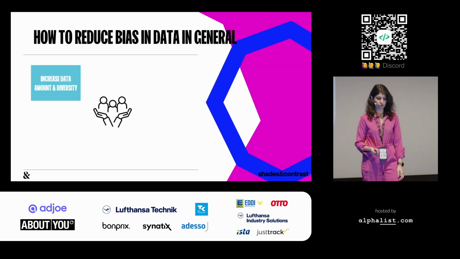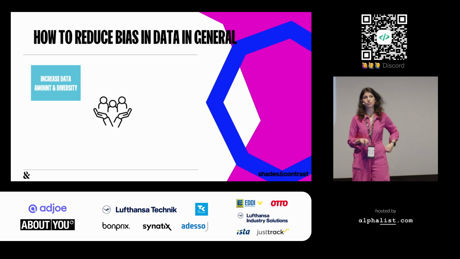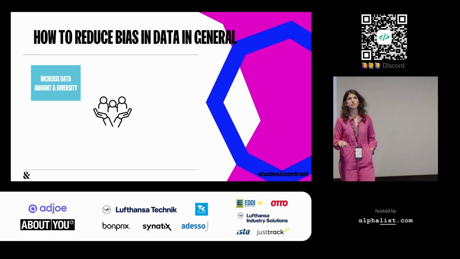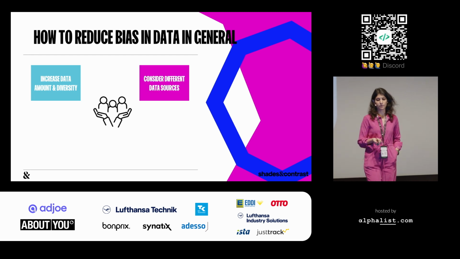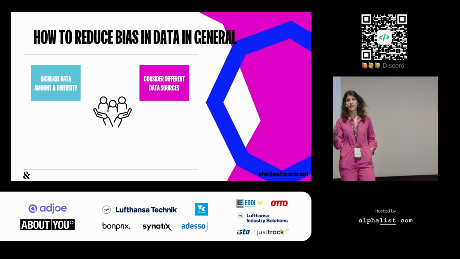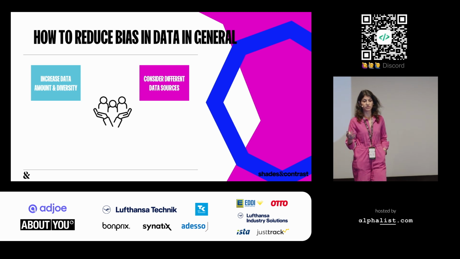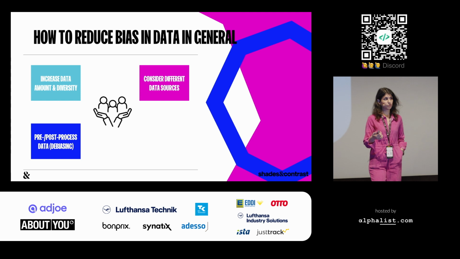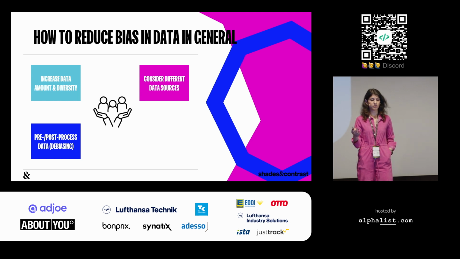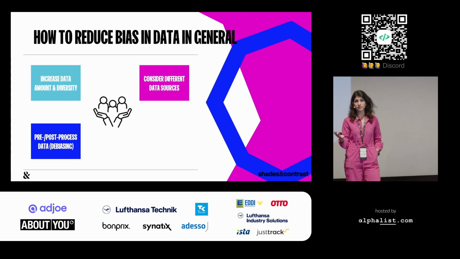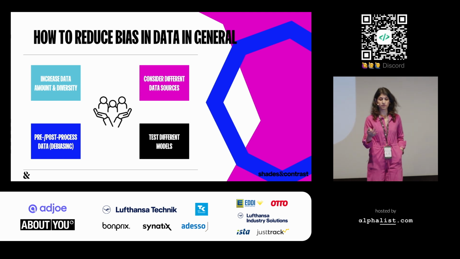So how to reduce bias in data in general is that you increase the data amount and also the data diversity. You should consider different data sources because they always reflect something very different. You can use pre- and post-processing to de-bias the data with statistical methods.